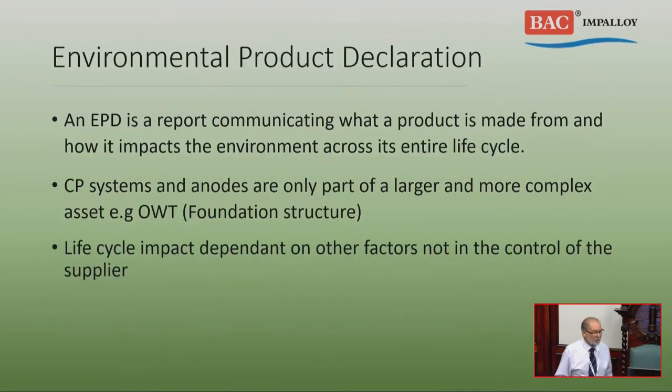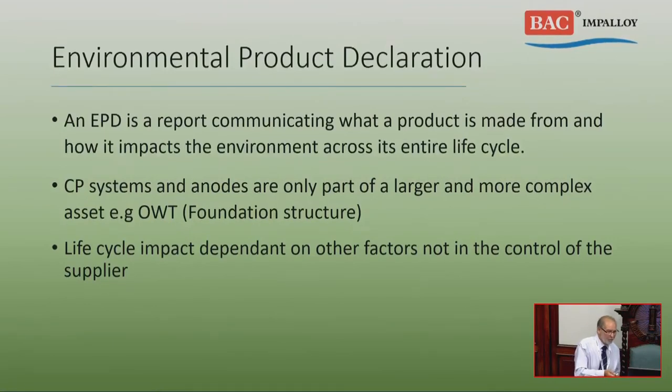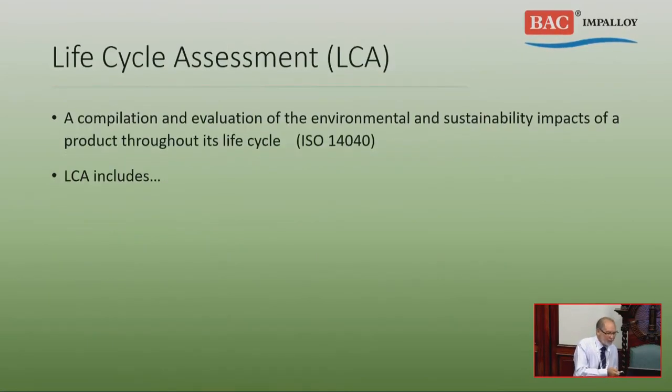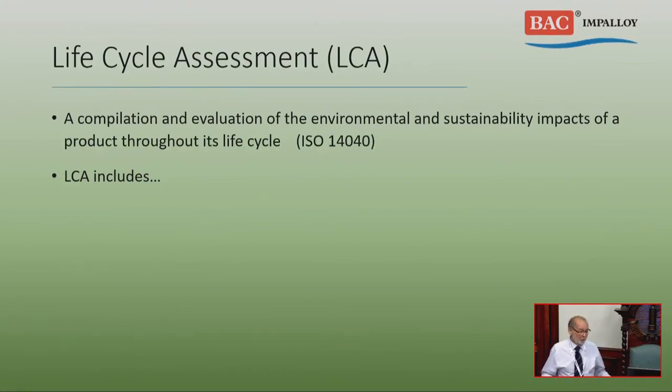If you look at the next tool that we have, this is a life cycle assessment. And this is a compilation and evaluation of the environmental and sustainability impacts of the product throughout its life cycle. This is very important because it has to look at the whole life cycle.